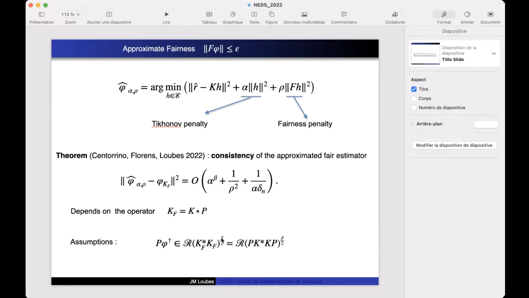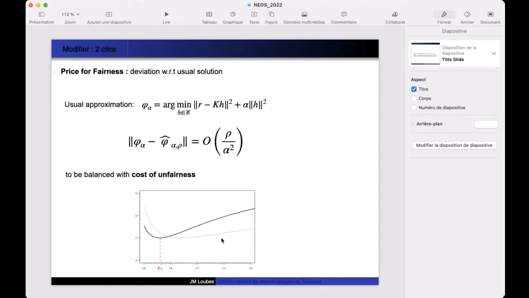My main issue, and it's not related to this one, is that in this case, I don't know what is better: to be close to the first solution and be fair, or to be fair and not be close to the operator. To solve this issue, I think I need another criterion, not a deviation with respect to the usual solution.